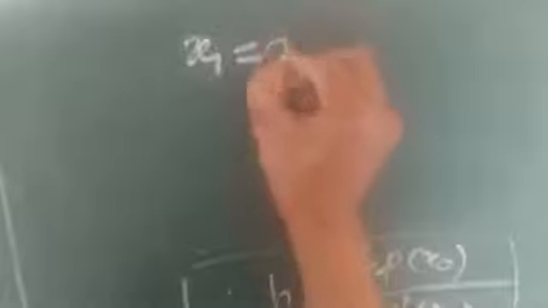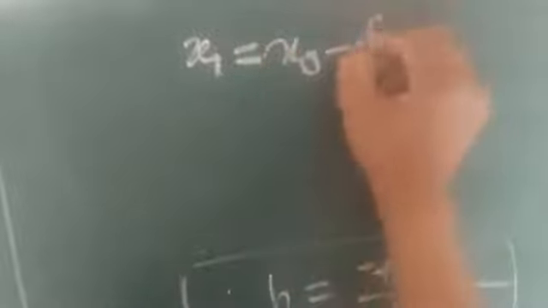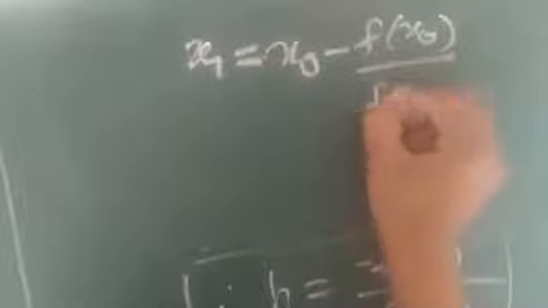In the next step, a better approximation than x0 is given by x1, where x1 = x0 - f(x0) / f'(x0).